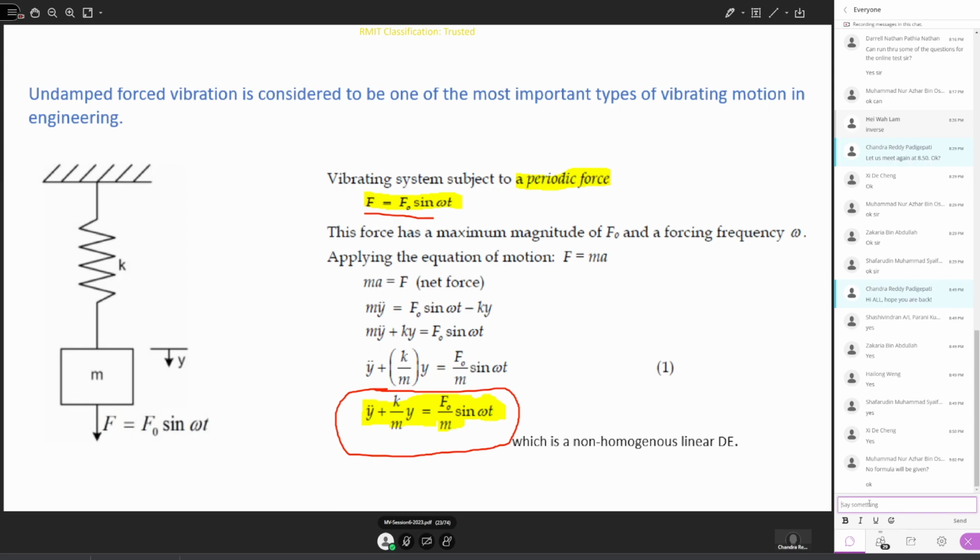The solution of this equation will have two components. The solution y can be written as a complementary function yc, which we derive by taking the right hand side as 0, plus a particular part of the solution yp.